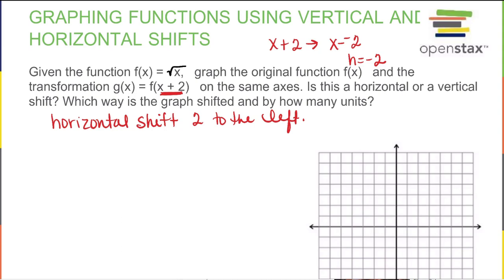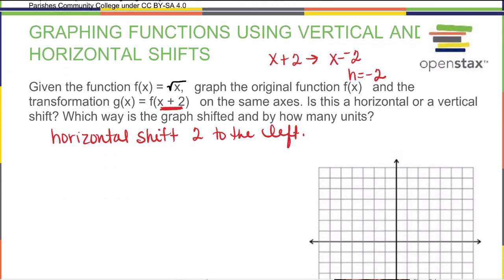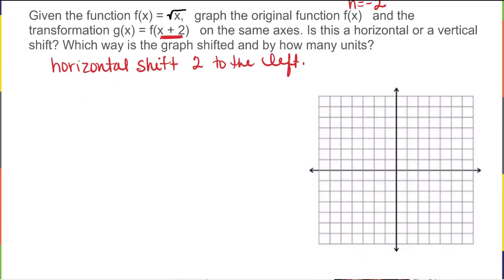Okay, so first we're going to graph f of x is equal to the square root of x. So that's the point 0, 0. The square root of 0 is 0. The square root of 1 is 1. I don't know the square root of 2 or 3, but the square root of 4 is 2.